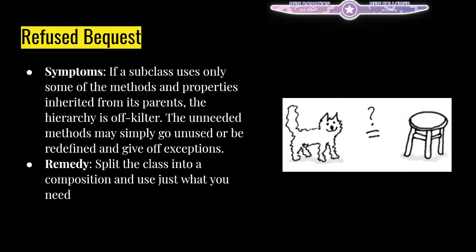The unneeded methods may simply go unused or be redefined and give off exceptions. For example, we have a car and a broken car. Well, we might think that a broken car is a car, but a broken car cannot move. So that fundamentally breaks the logical meaning of a car, like a means to move, transportation. So if we cannot do transportation, we shouldn't say that a broken car is a car.